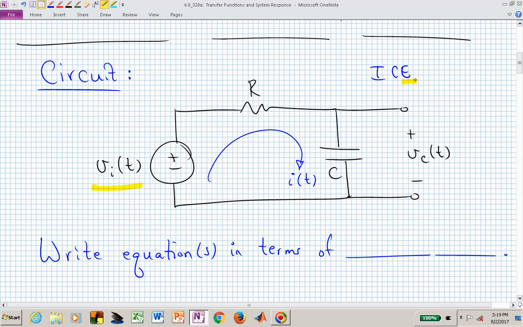Based on that three-letter ICE acronym, we focus on the last variable, E, which corresponds to the voltage. So we should be focusing in this particular circuit on the capacitor voltage in writing our differential equation.